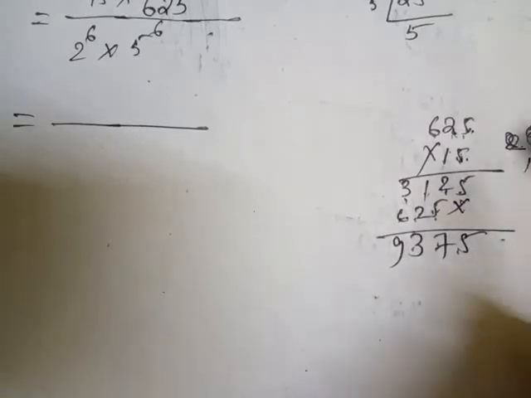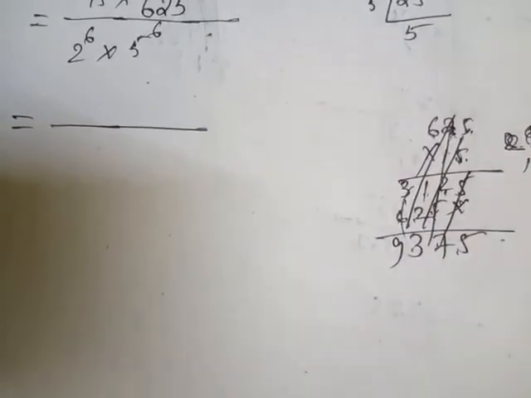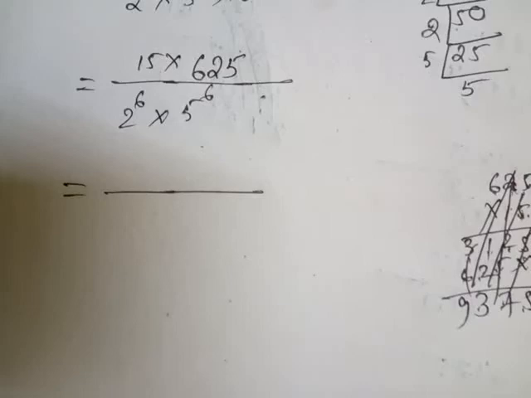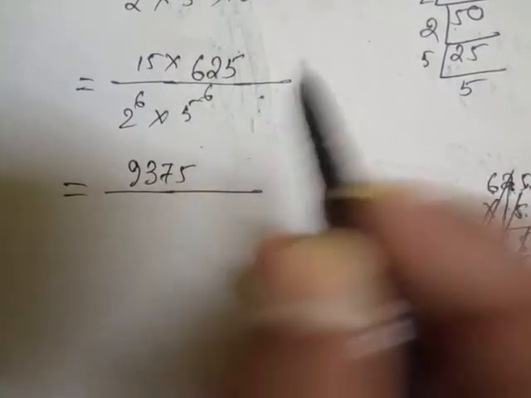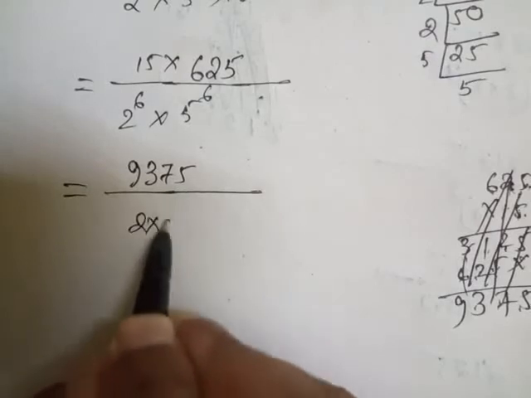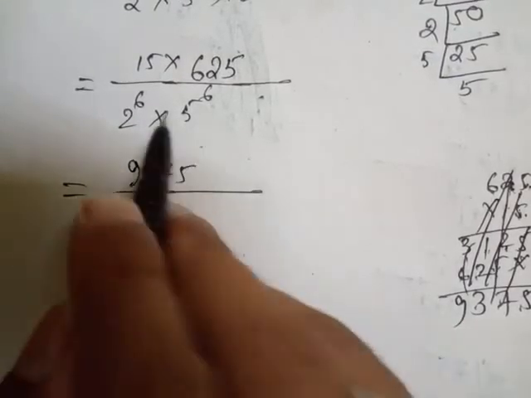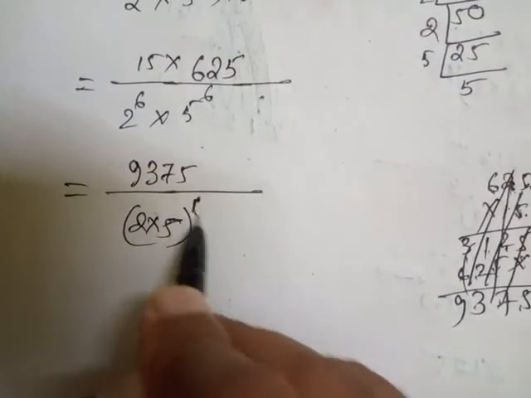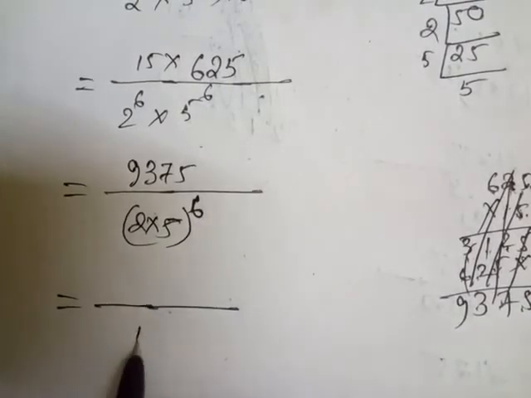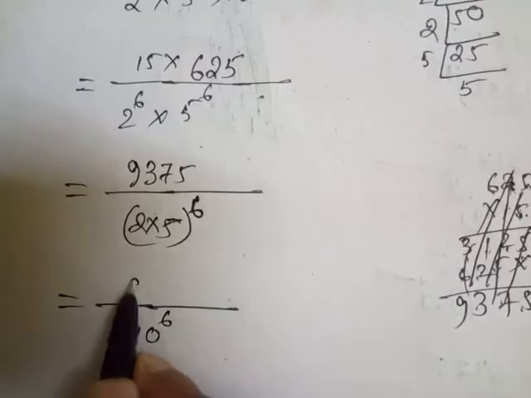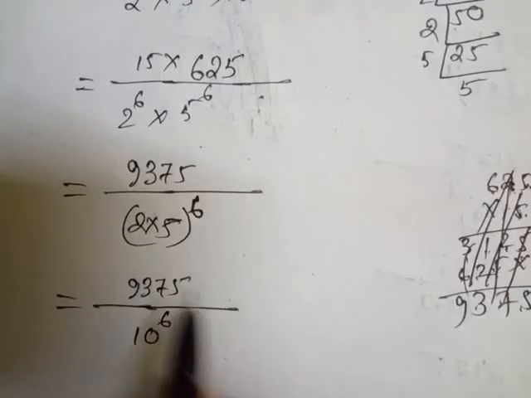So 9375. After multiplying 15 and 625 is 9375, and there could be 2 into 5, base same, powers equal, which means 6 here. Now look, next would be 5 2 is the 10, 10 to the power 6, and 9375.